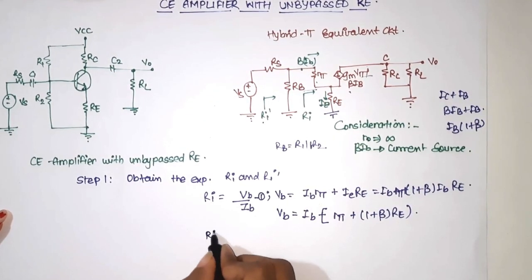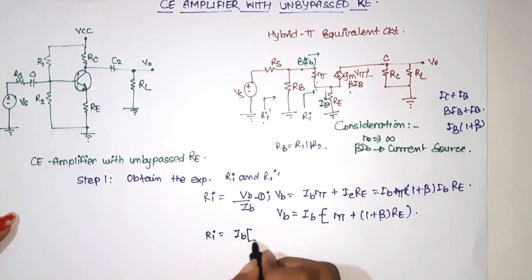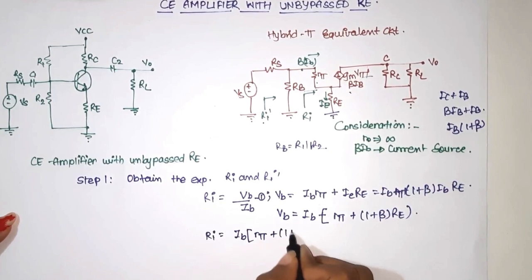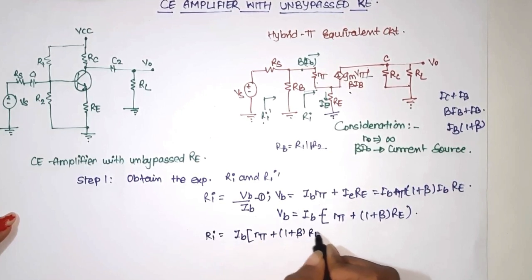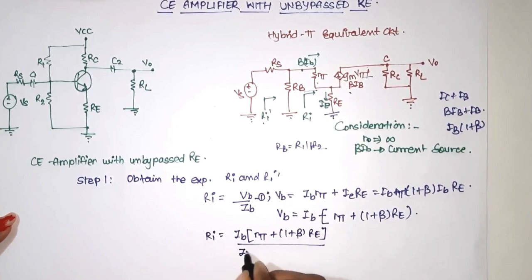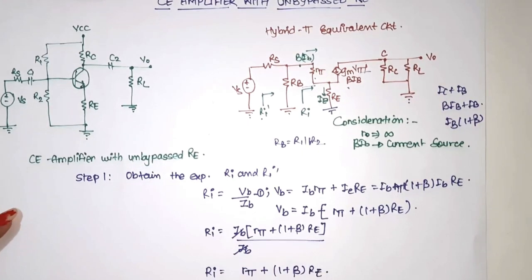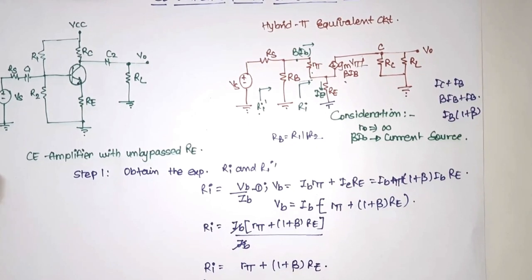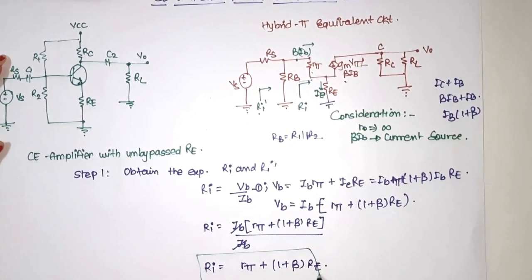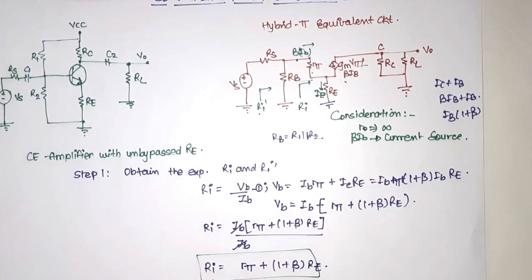Substituting the value of VB, we get IB times R pi plus 1 plus beta times RE, divided by IB. So the value of Ri that we finally get is R pi plus 1 plus beta times RE.